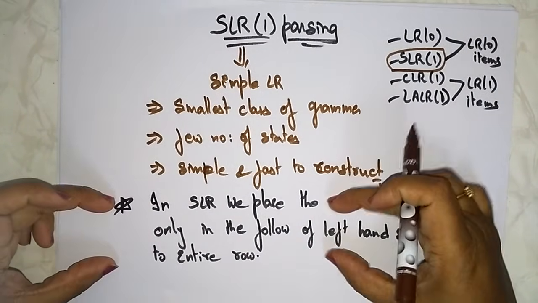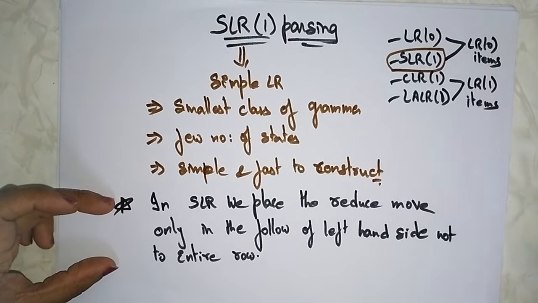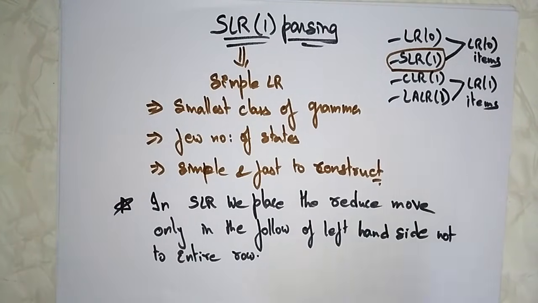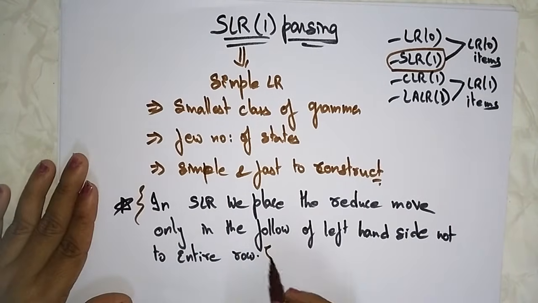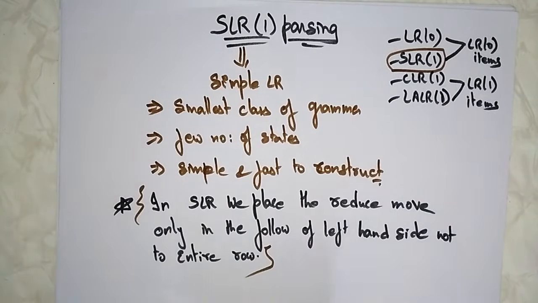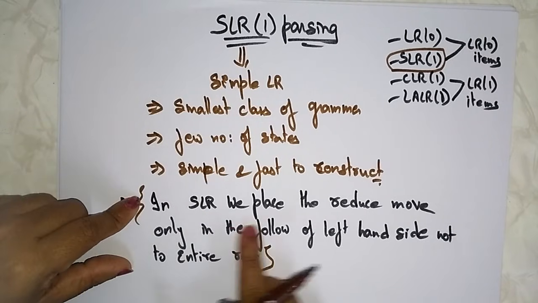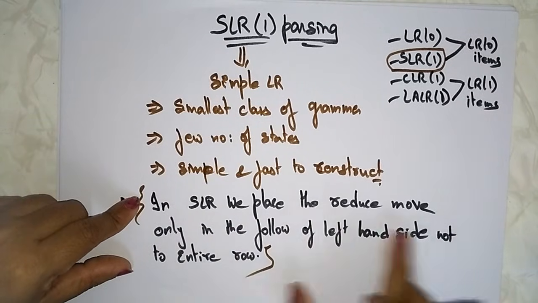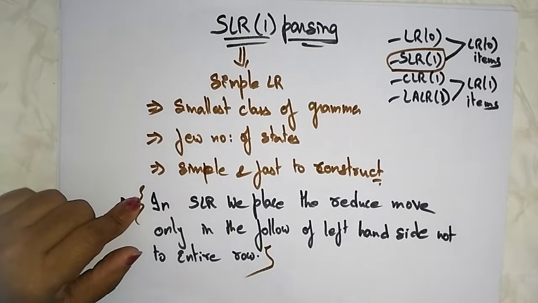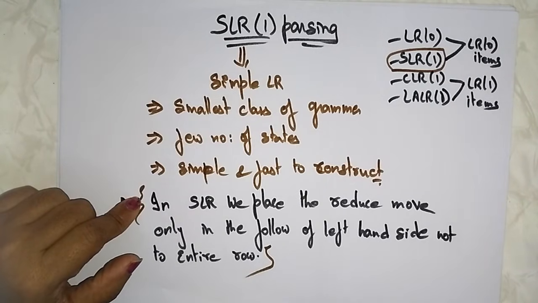I will clearly explain this point by taking an example, so don't be confused if you didn't understand anything about it. The main difference between LR(0) and SLR(1) is that in SLR we place the reduce moves only in the follow of the left hand side production.